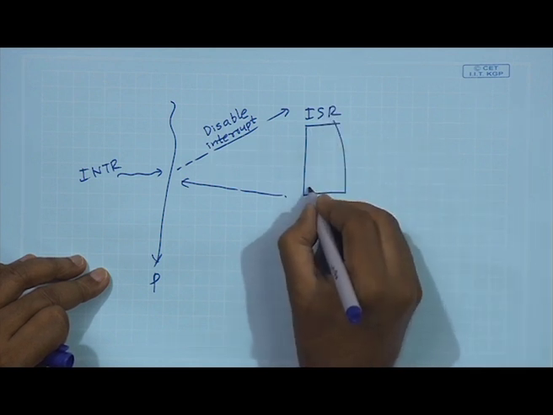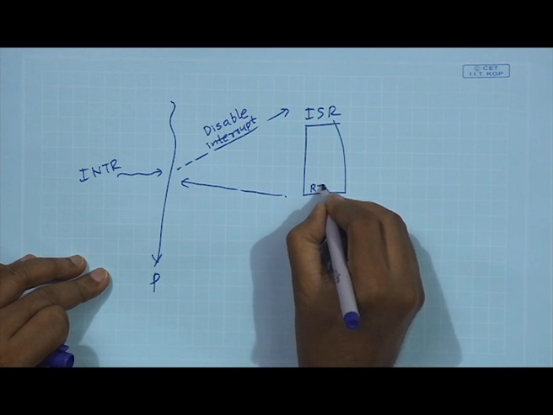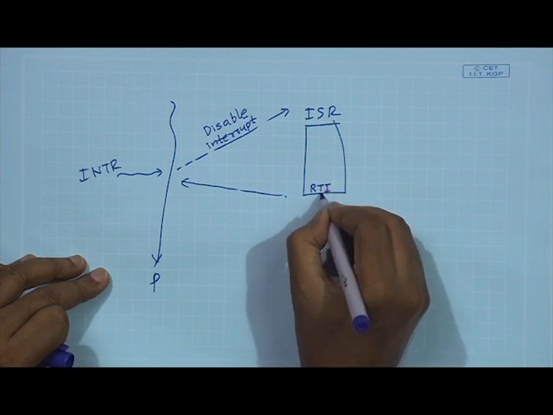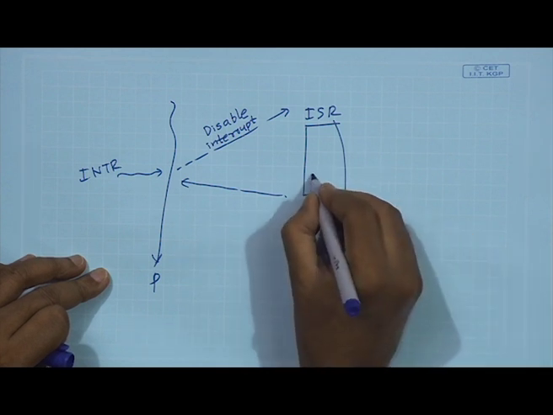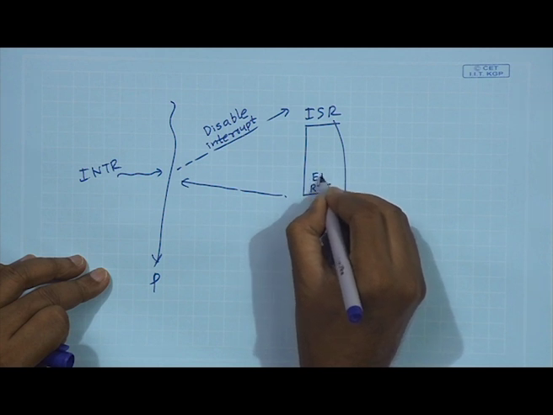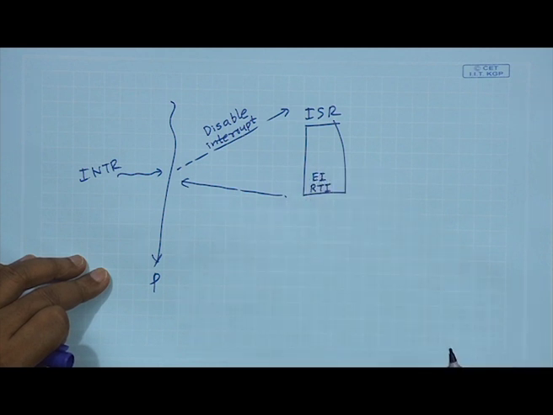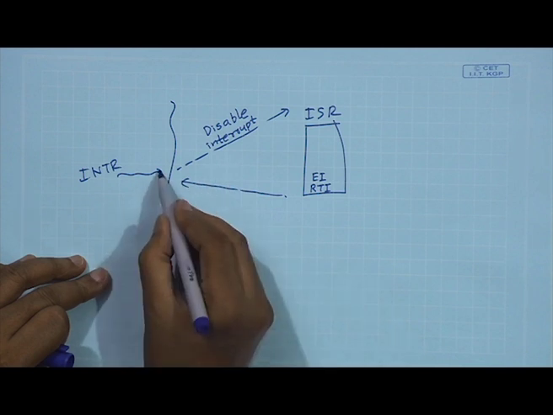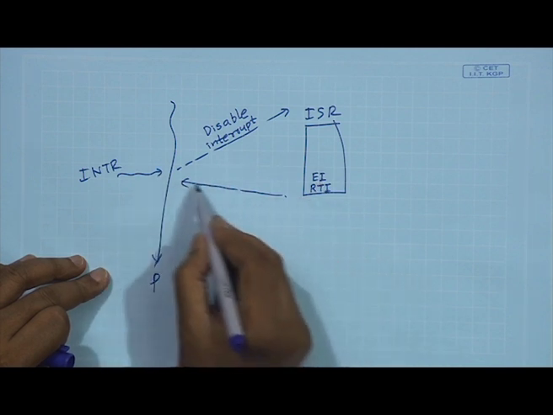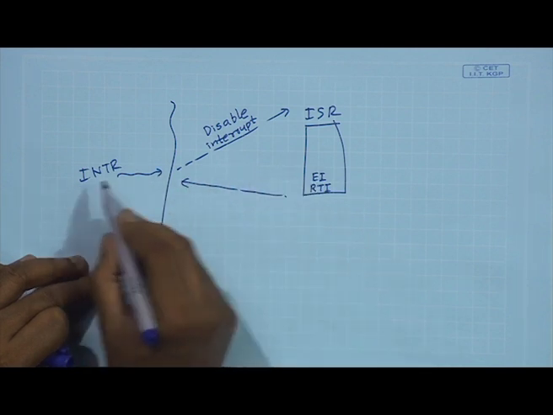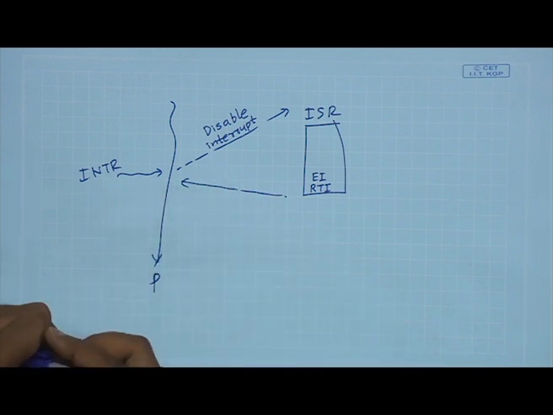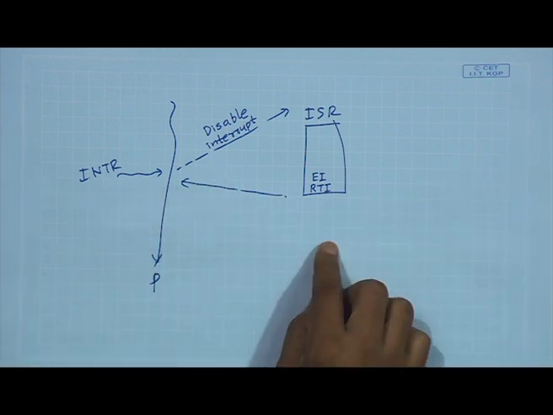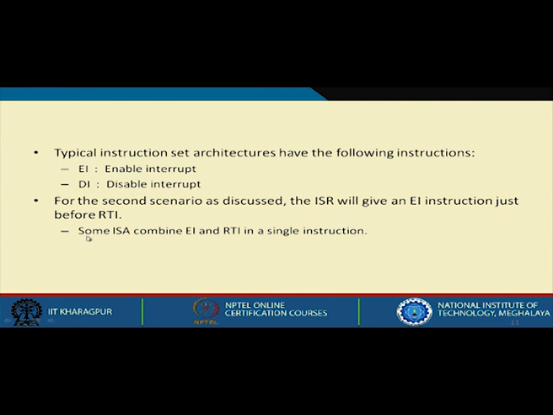And in the ISR, before the return from interrupt instruction, that is supposed to be the last instruction, there will be an explicit enable interrupt instruction. So, that before returning back, you are enabling interrupt again, so that any future interrupt, if it comes, it should be acknowledged. Okay.